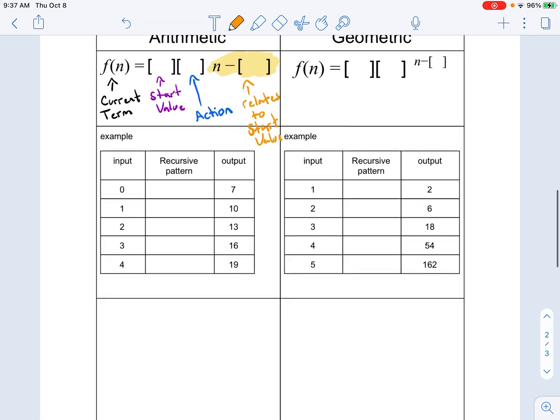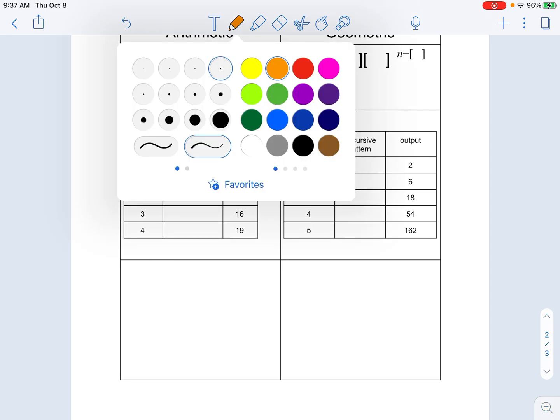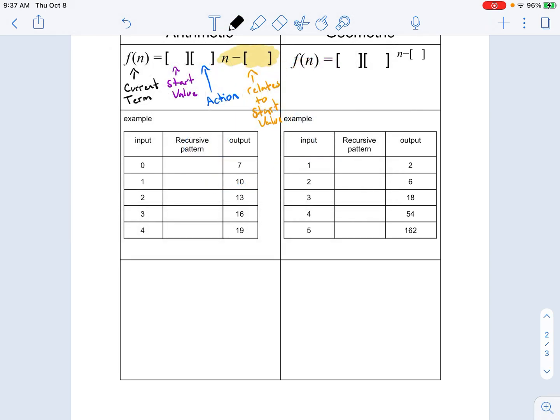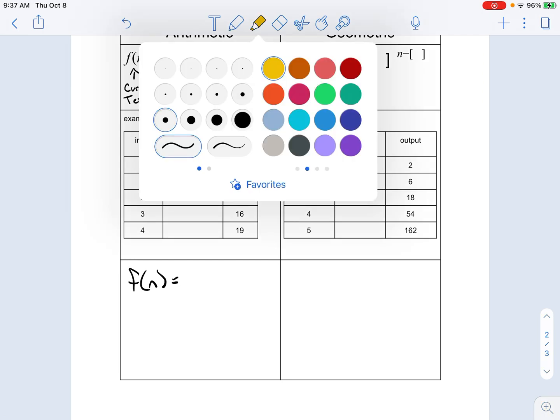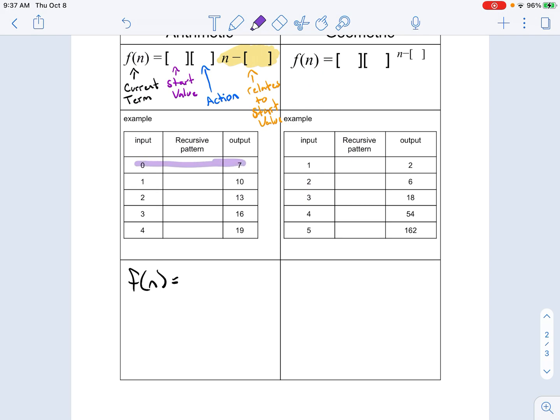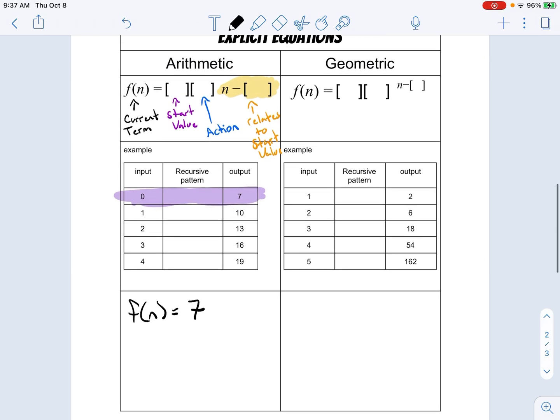All right, so let's look at this. We know what the action is, and we know what the start value is. So our f of n equals our start value, which in this case we said was 0, 7. So this is what we're using. So our start value, 7. This is arithmetic, which means I'm adding.